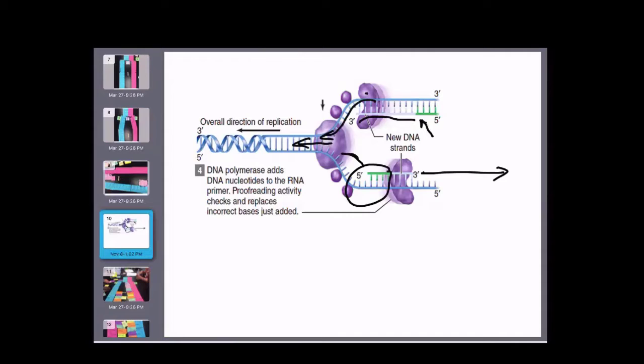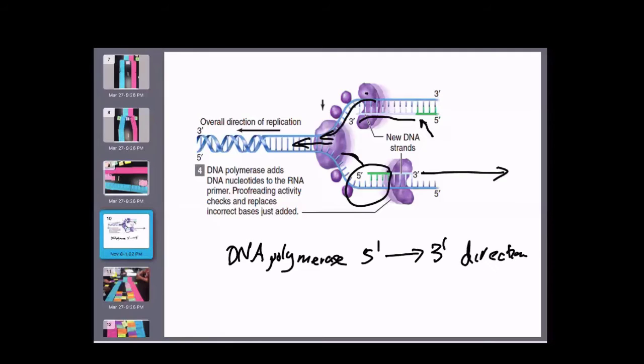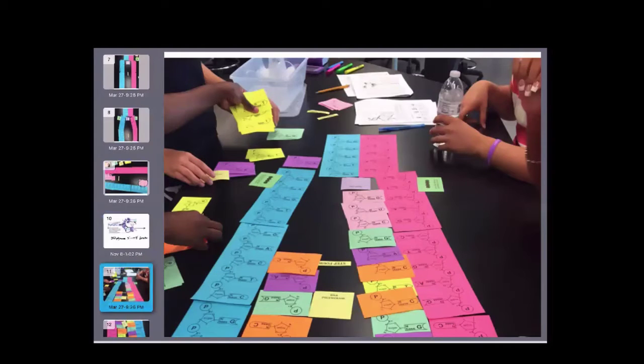So one of the things I can just really encourage you to make a note of as many times as you can is that DNA polymerase always works in the 5' to 3' direction. So regardless of which strand I'm working on, I'm still going in the 5' to 3' direction. So here's a picture of students in class, and you can see here's this strand.